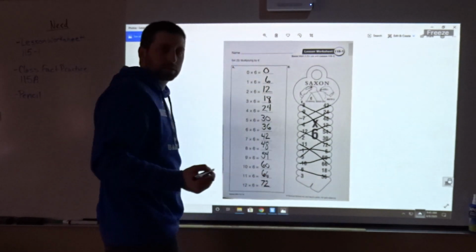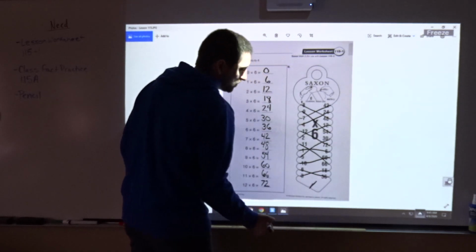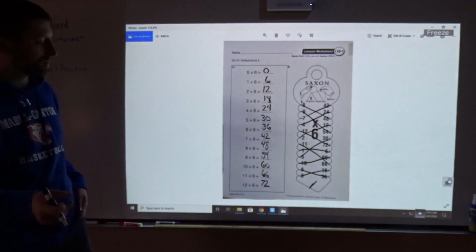And then 3 times 6, we are left with 18, and 3 times 6 is 18. And then you'd put your wrap up down there, and we would check the back if we had those.